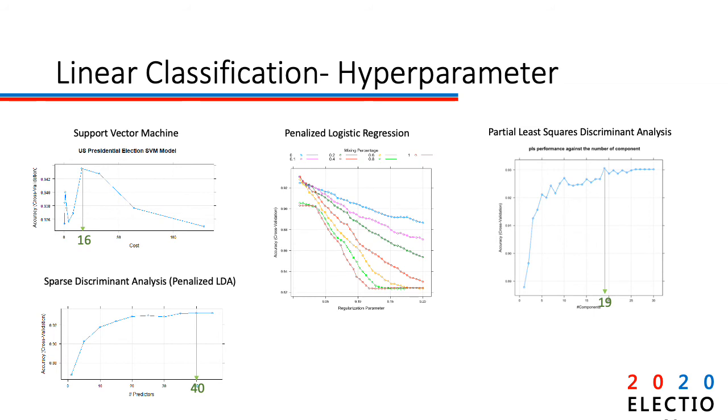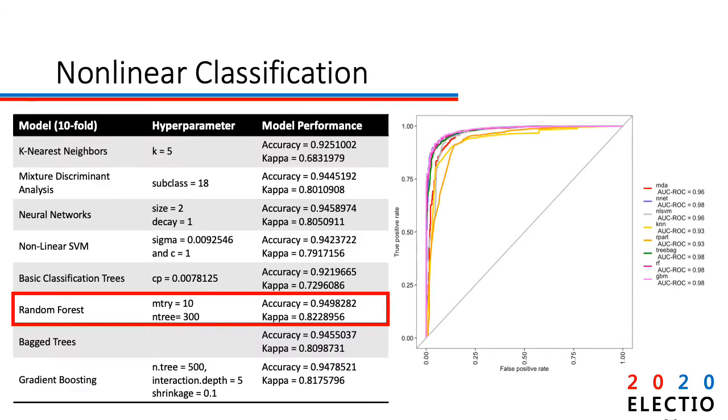This page shows the model performance against the number of tuning hyperparameters. And we tuned hyperparameters with the highest accuracy. This slide shows the nonlinear classification model. We can observe that compared to the linear classification model, the nonlinear classification model performs better.